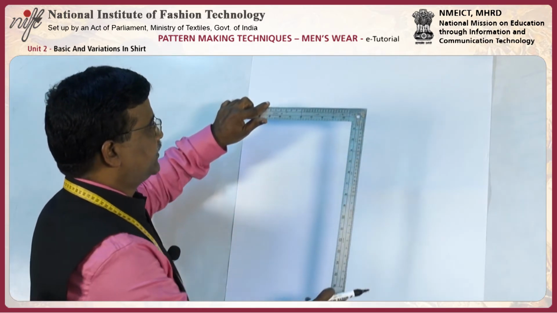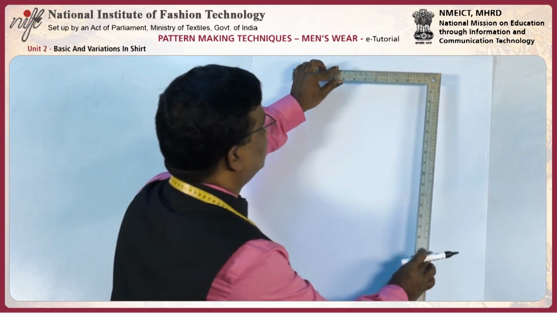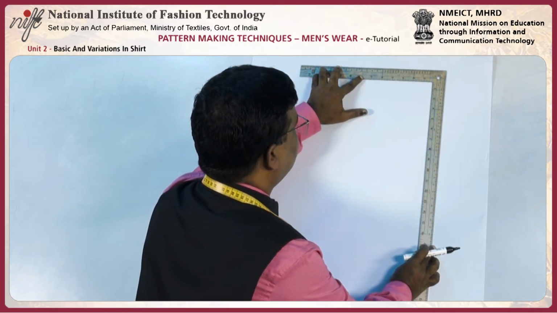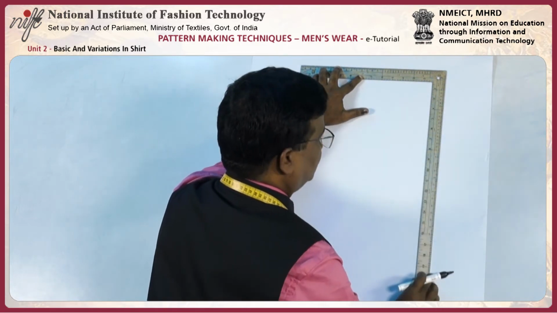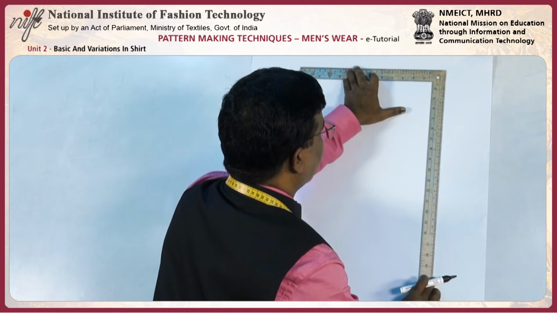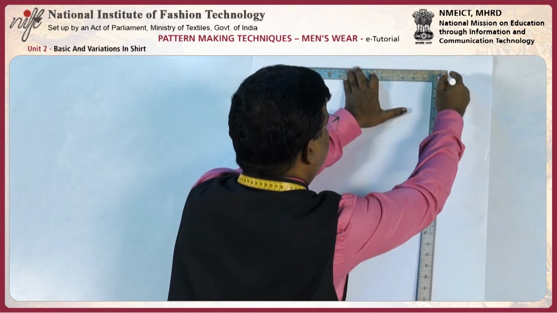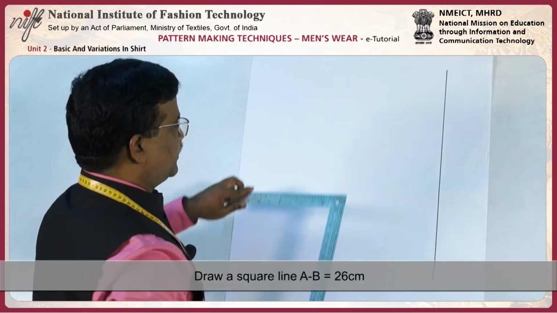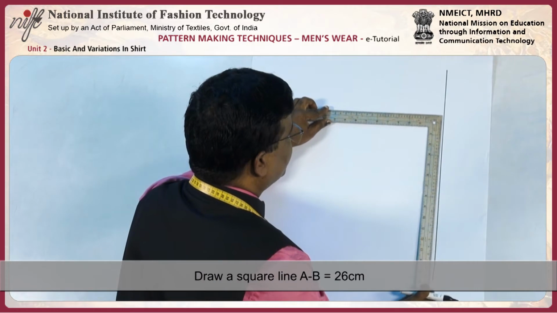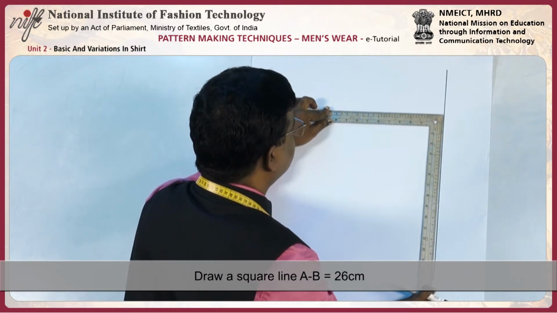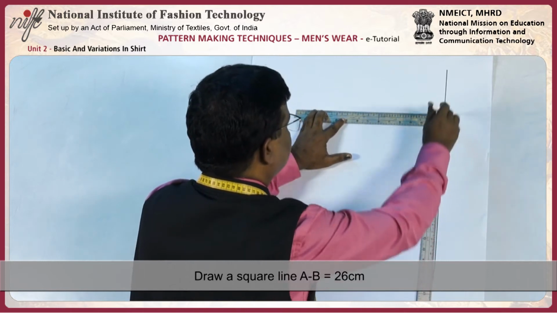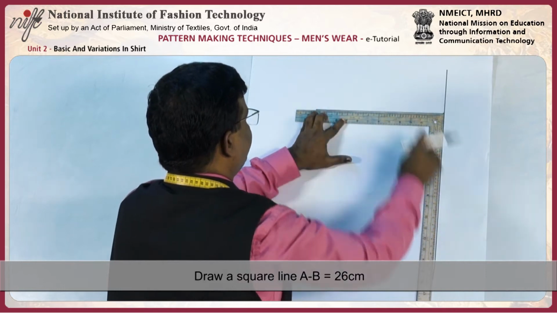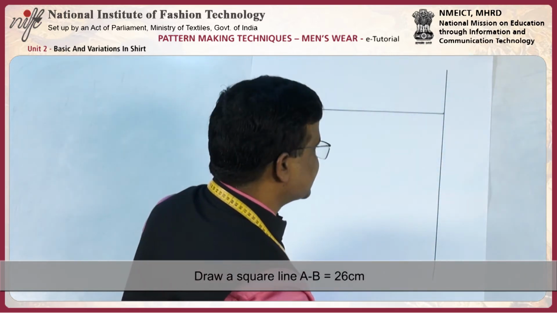Let us construct cuff. Draw a square line. A to B, 26 centimeter.